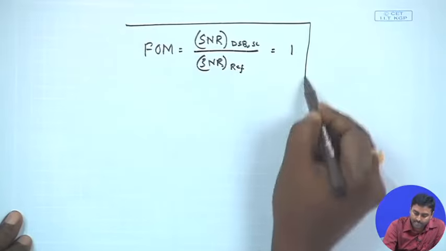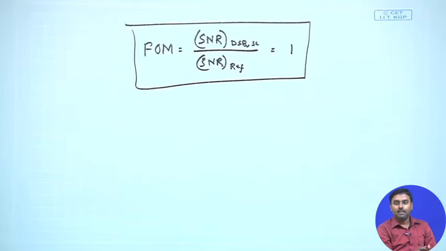So, for DSB-SC in the presence of noise, there is no degradation or advantage compared to baseband transmission. This is something we have understood: whatever SNR I get when I do baseband transmission with the same amount of power, DSB-SC gives me neither degradation nor any advantage.